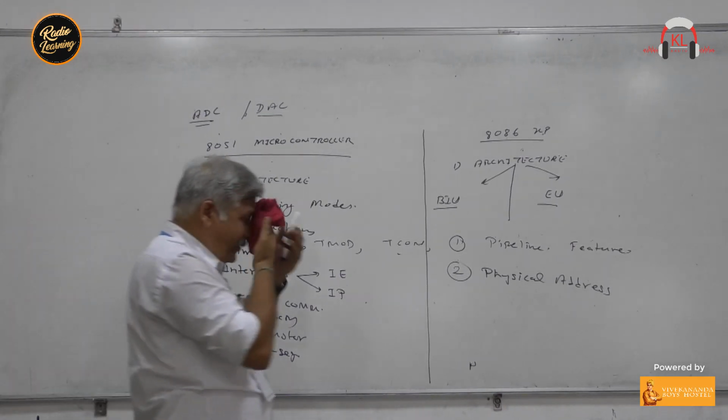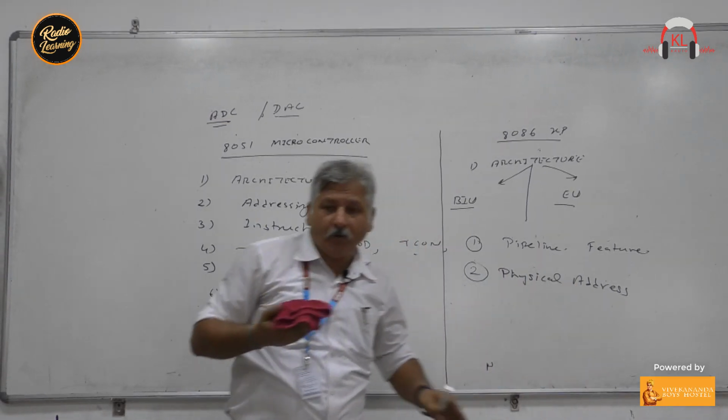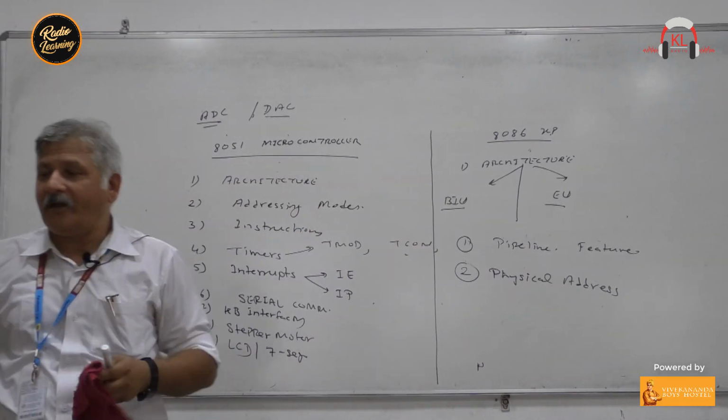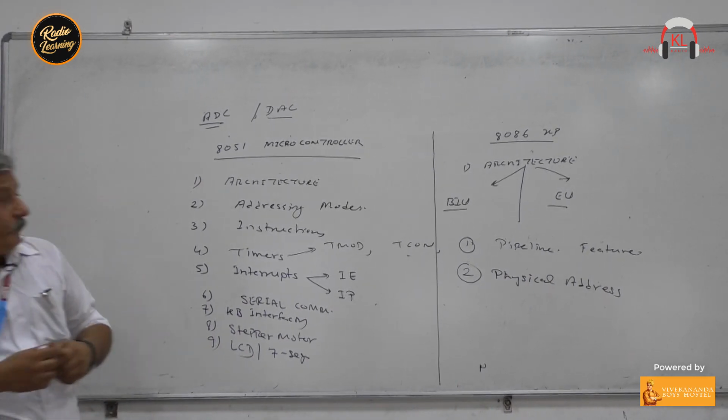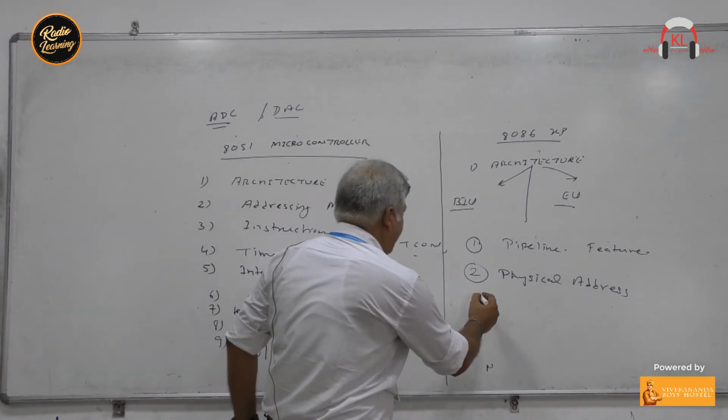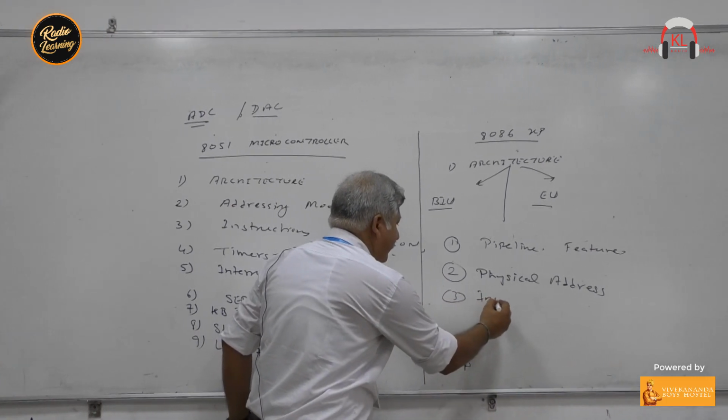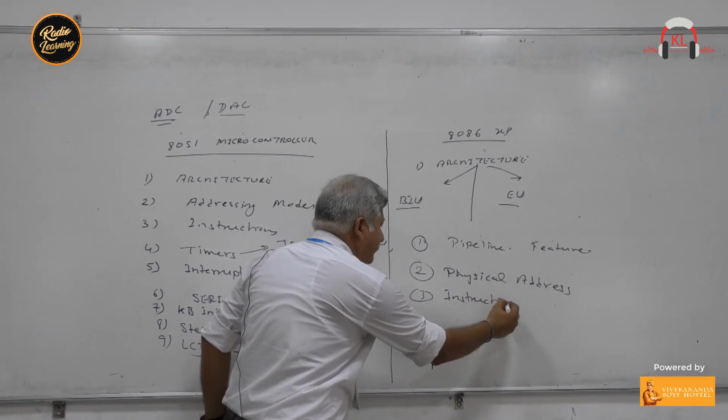And when you are studying the physical address under different addressing modes, then naturally you have to study the various addressing modes. And again, you have to study the various instructions.